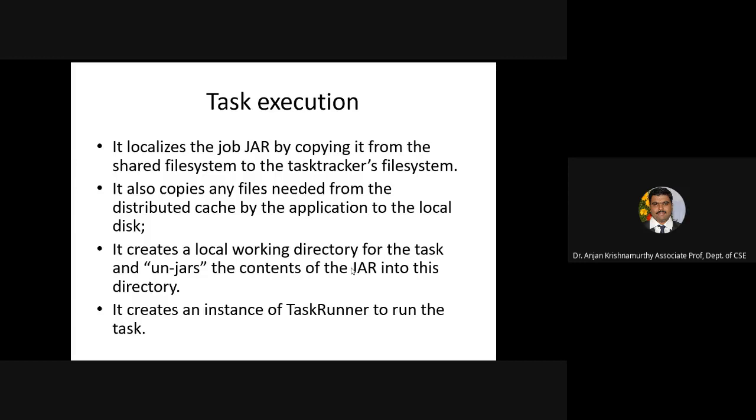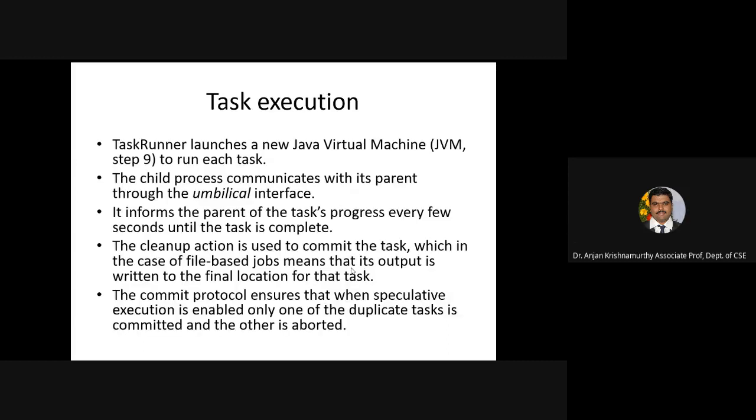So the task tracker creates an instance called the task runner, which is responsible for running the task. In the task execution, the task runner is launched on the JVMs, right?